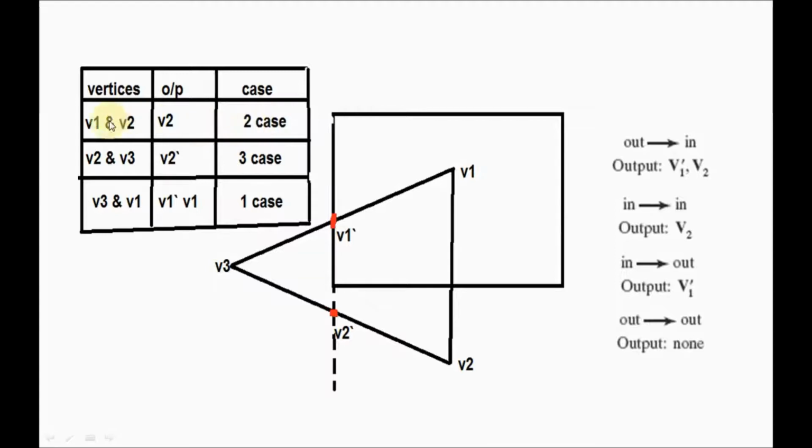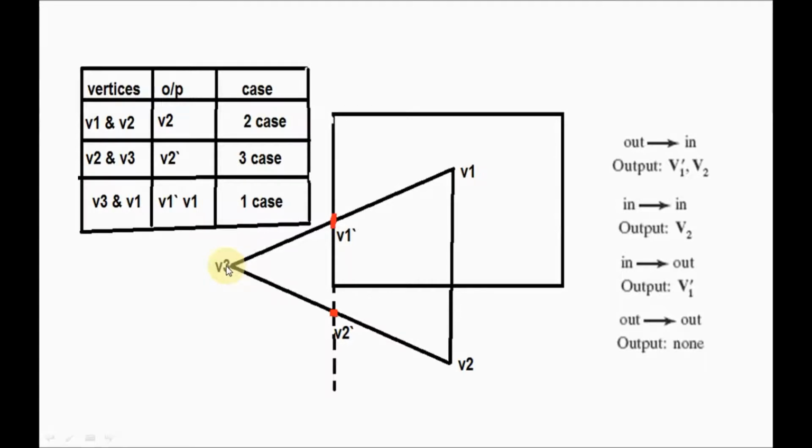V1 and V2: the movement is inside to inside, because V1 is inside and V2 is also inside. So in that case, I have to consider the second vertex. My second vertex is V2 here. Now the next edge is the edge between vertices V2 and V3. You can see the movement: V2 is inside, don't forget that, and V3 is outside the clipping window.